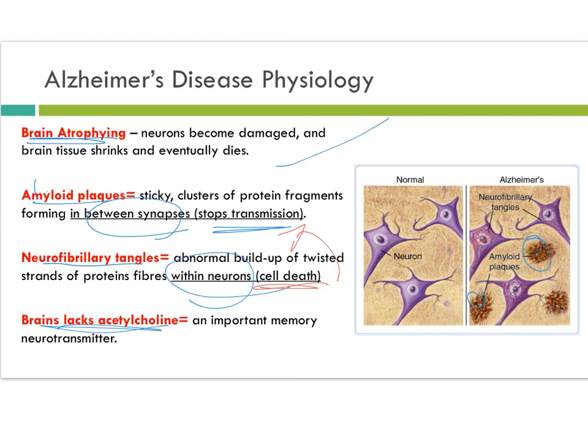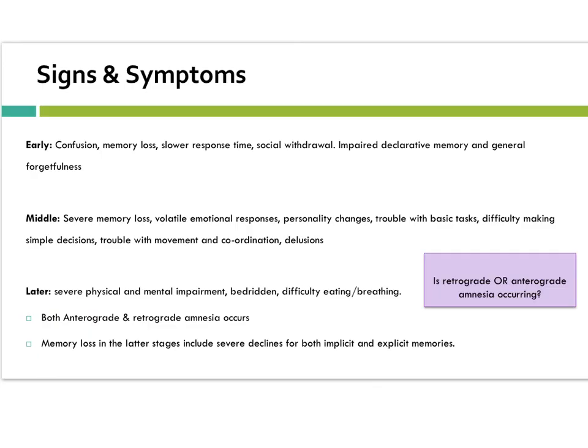In terms of the pattern of atrophy, the hippocampus is the first to be affected. Then it goes around the cerebral cortex. And then the last thing that deteriorates is the brainstem, which is in charge of our autonomic functions. And that's why people tend to die from Alzheimer's.